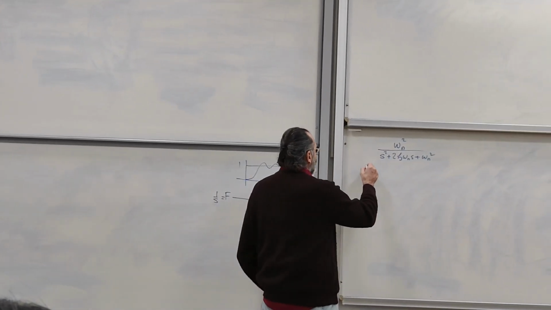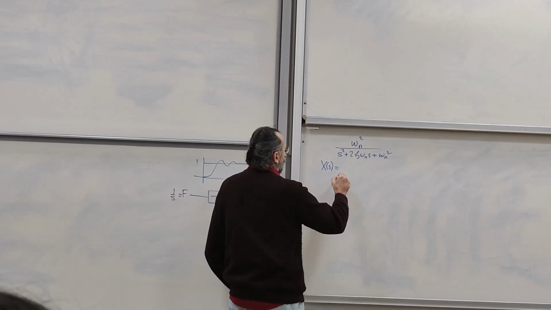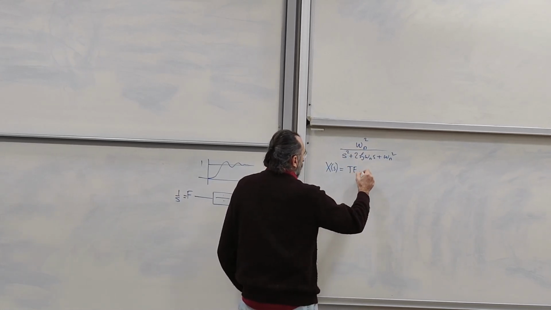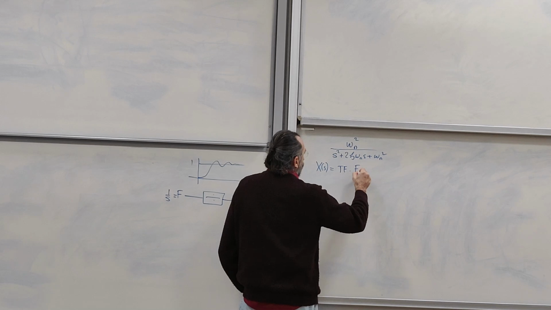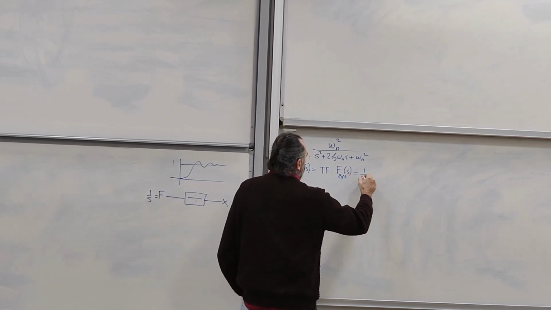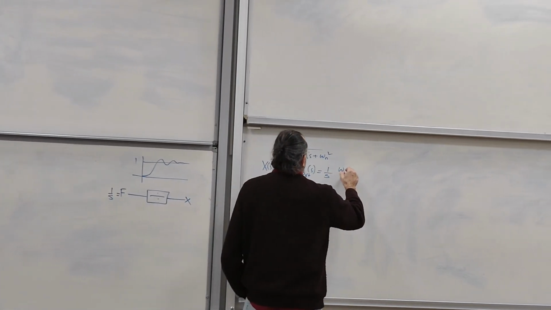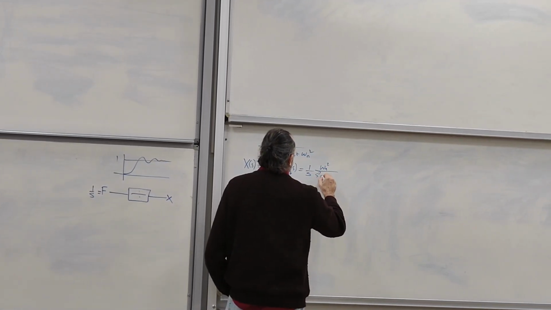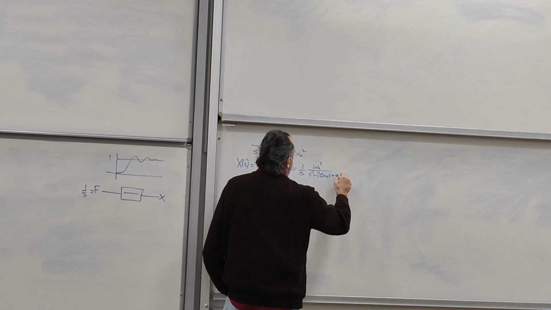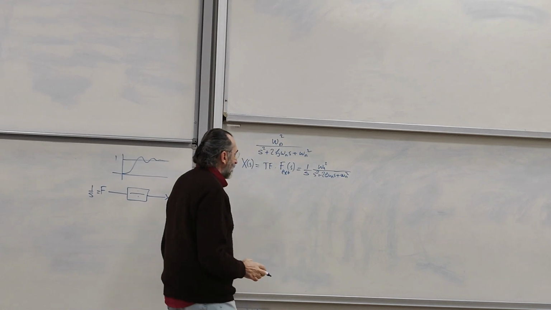So x of s is equal to the transfer function times f external of s, which is 1 over s, times omega n squared divided by s squared plus 2 zeta omega n s plus omega n squared. Alright?